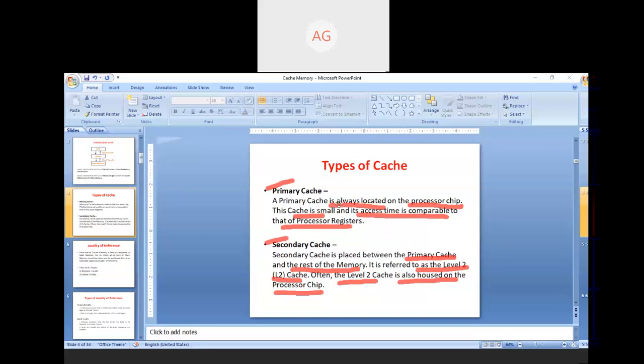So these are the two types of cache, primary cache and secondary cache. The primary cache has a faster access time in comparison to the secondary cache, but the primary cache is of smaller size in comparison to the secondary cache. So moving to the next slide.